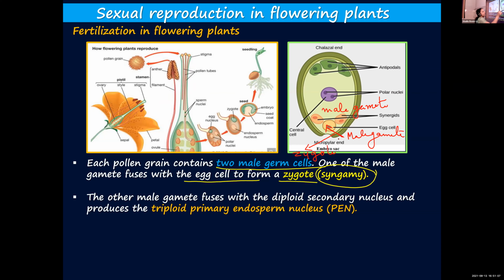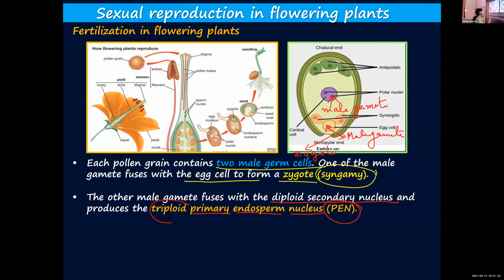Now, one more male gamete is there that will fuse with the polar nuclei or the diploid secondary nucleus, and they will form PEN, the primary endosperm nucleus.